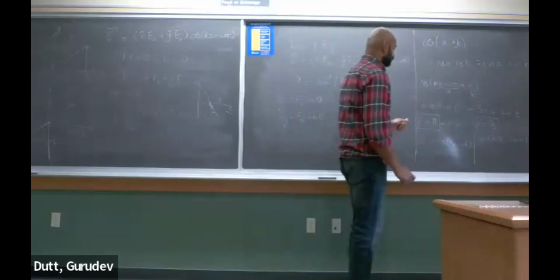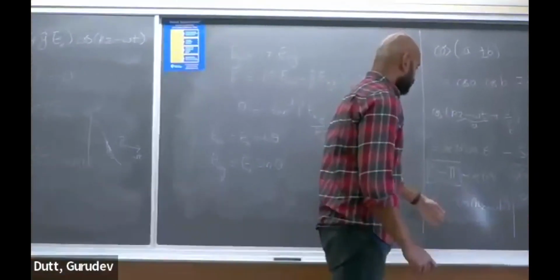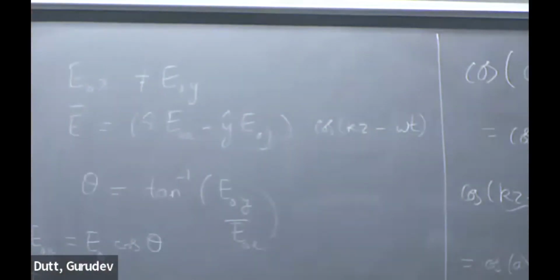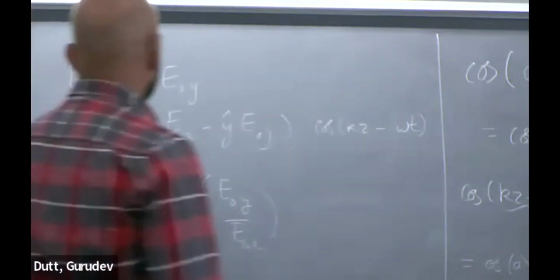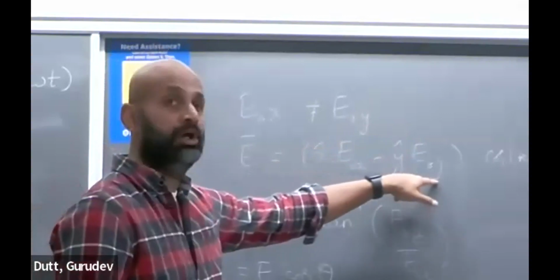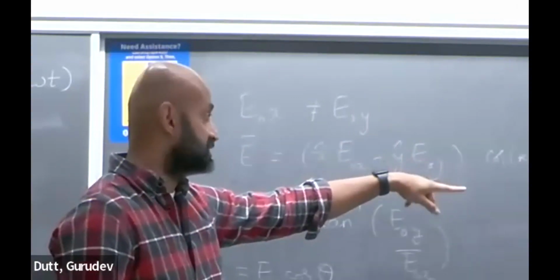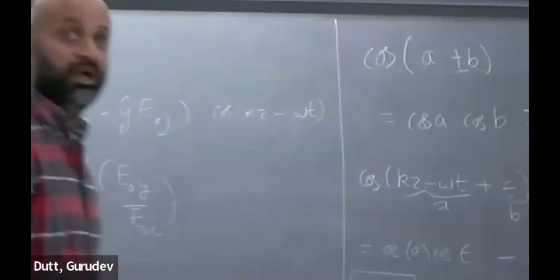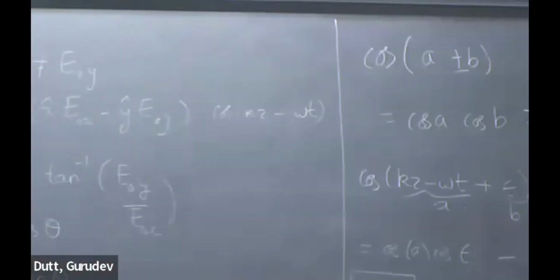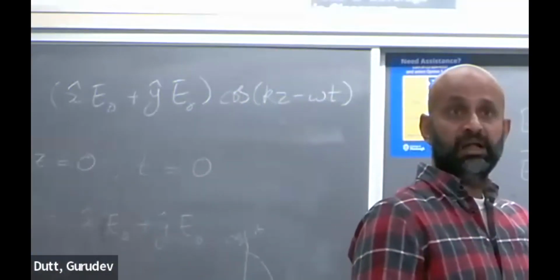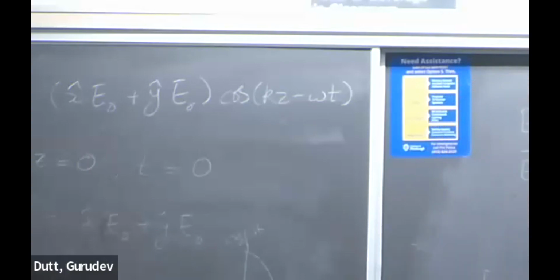So we see all these different possibilities, but coming back to here, E, remember, was x hat E naught x cosine kz minus omega t plus y hat E naught y cosine kz minus omega t, and I've just shown you for epsilon equal to pi, that second term, the part that is multiplying the y, the E naught y, must now come in with a minus sign.